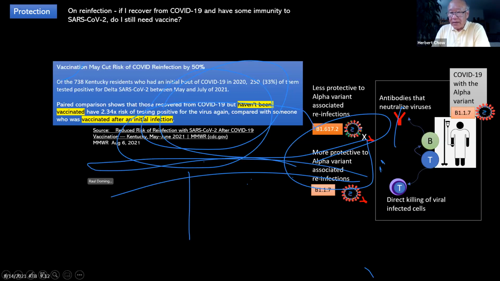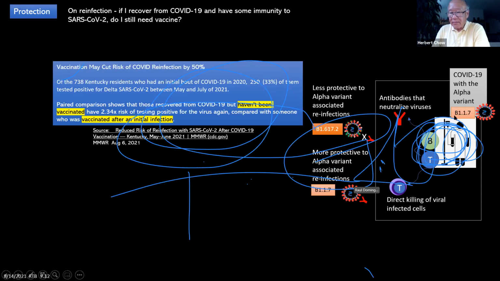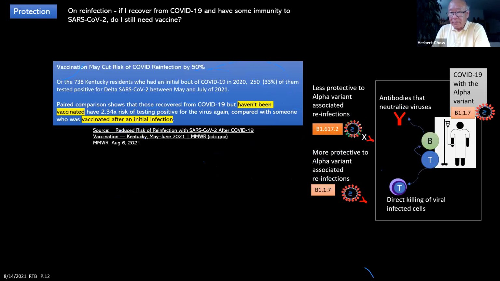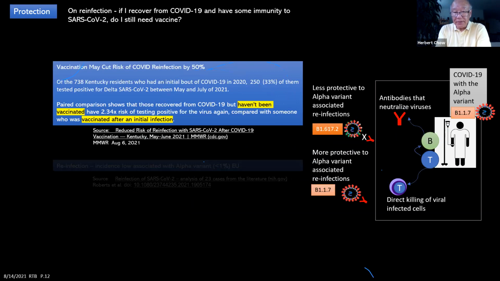So if you get exposed to B117, and then you get infected with B117 again, obviously you clear the infection very fast. But if you get infected with another strain, then you may get a breakthrough infection. That's how it happens.